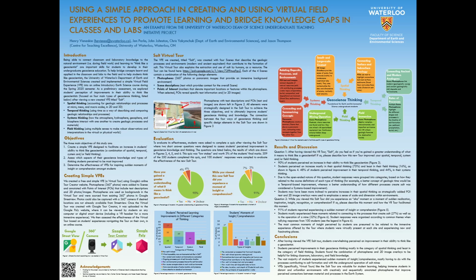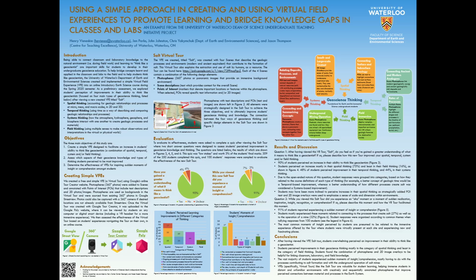Part of creating our virtual tour involved designing these different tour elements in order to support the objectives that I've previously laid out. These tour elements are photospheres, which are the actual 360-degree photos that act as this immersive background environment.